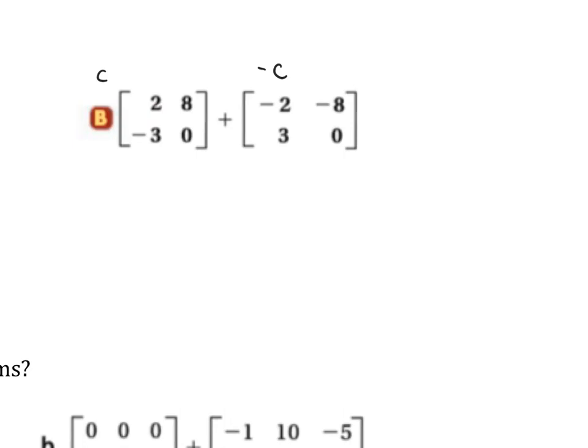So what happens? Step by step, the 2 plus a negative 2, or 2 minus 2, gives me a 0. Continuing on, an 8 minus an 8 gives me a 0. A negative 3 plus a 3 gives me a 0. And lastly, a 0 plus a 0 gives me a 0.